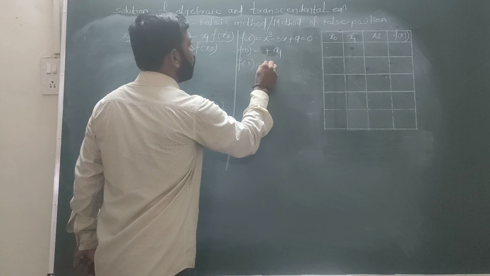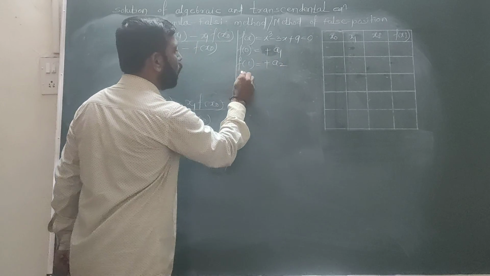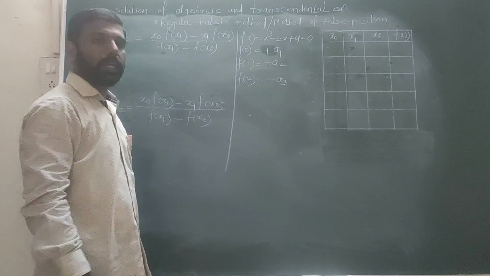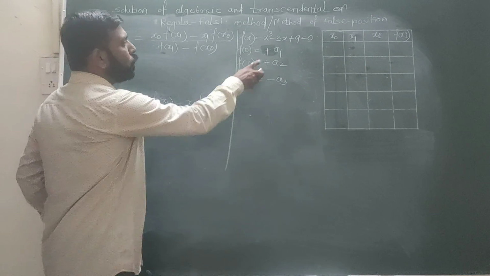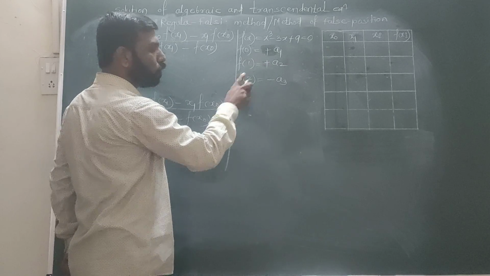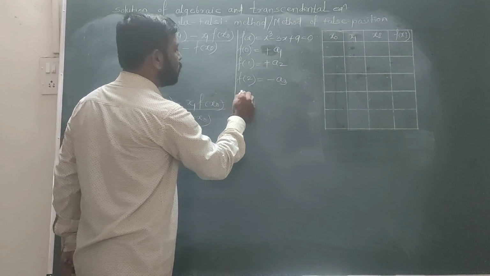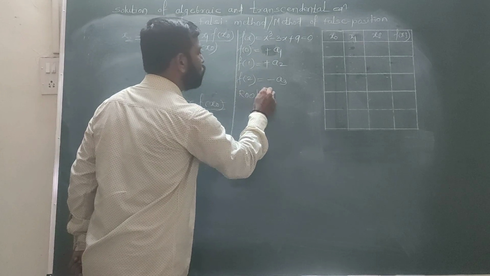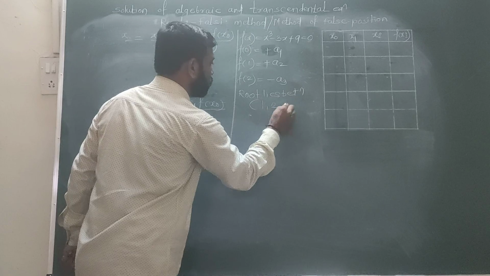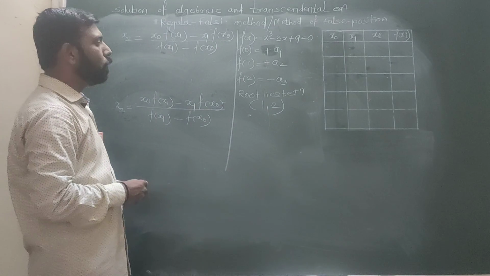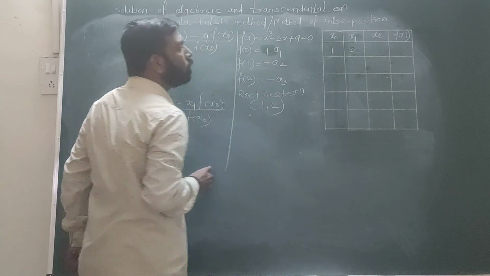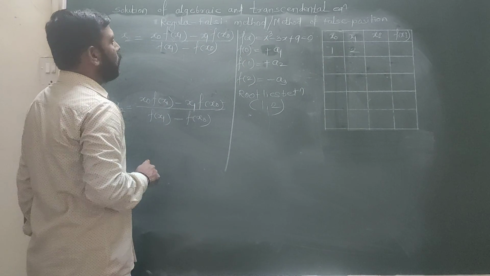Suppose we substitute 1, then we have a positive value, and at 2 we have a negative value. So the first two values are positive, next it becomes negative. When it becomes an opposite sign, then we write that the root lies between 1 and 2. So this becomes our interval.